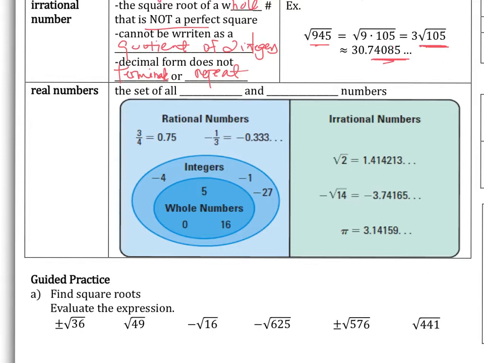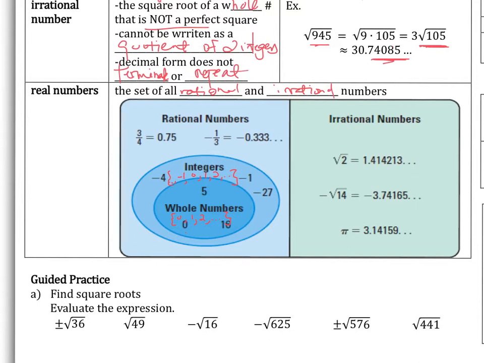Real numbers. Real numbers are the set of all rational and irrational numbers. So in the rational numbers, as you can see, you have whole numbers starting with 0, followed by integers. So you got 0, whole numbers, and all its opposites, negative 1.